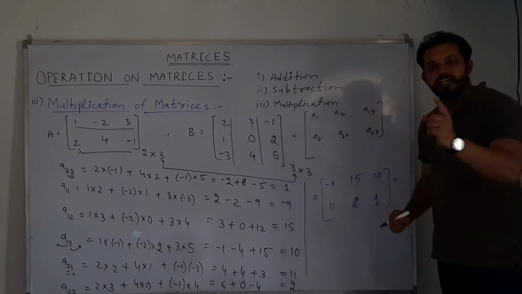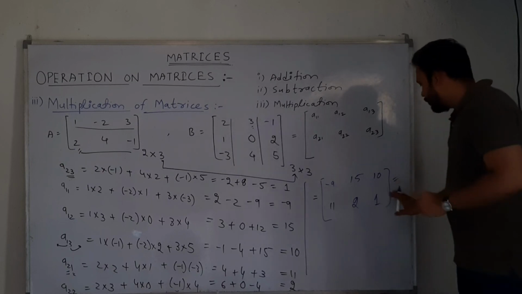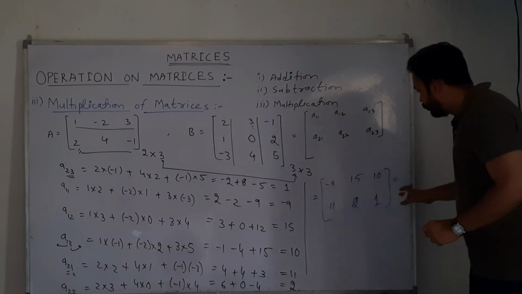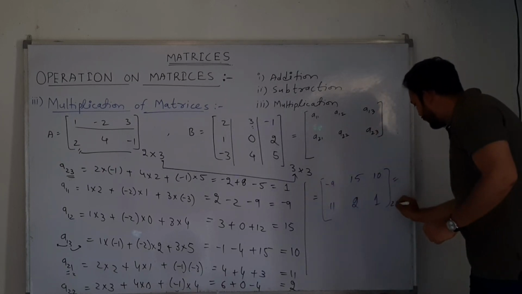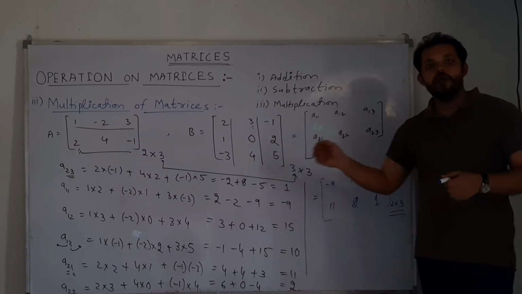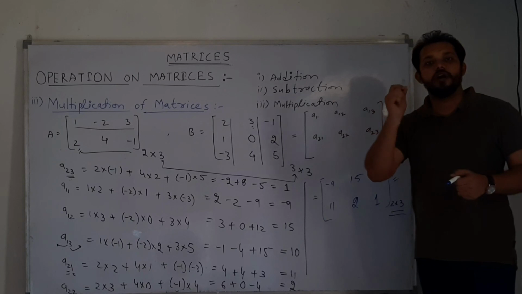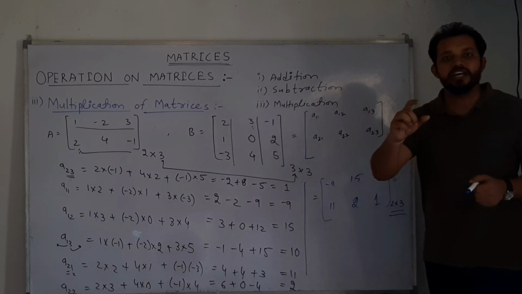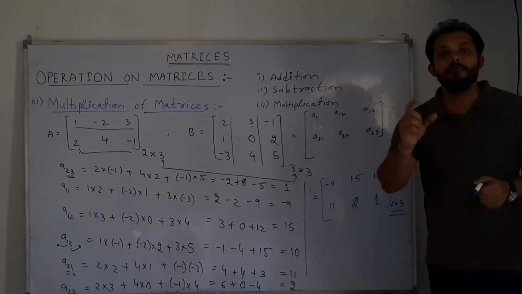You can see here that the order of the product matrix is 2 cross 3. And this is how we perform the operation of multiplication between two matrices.